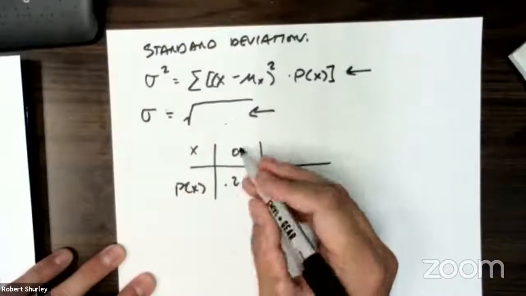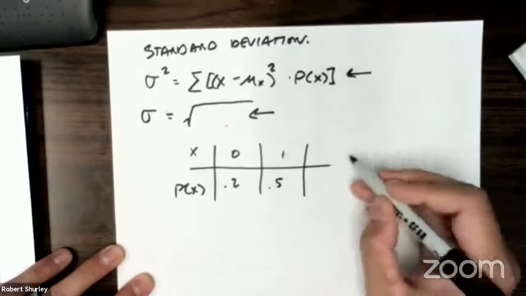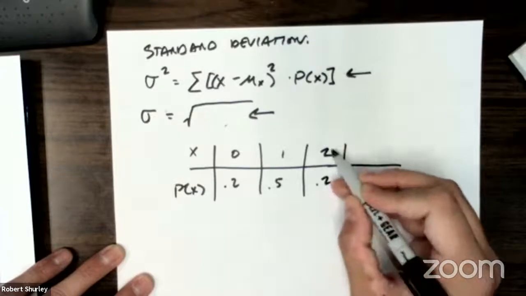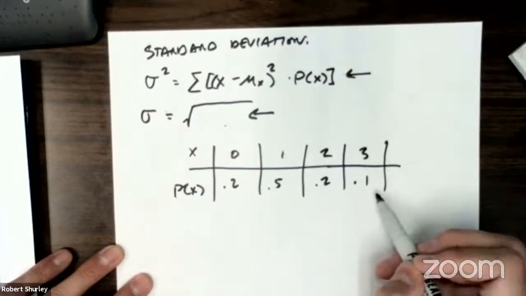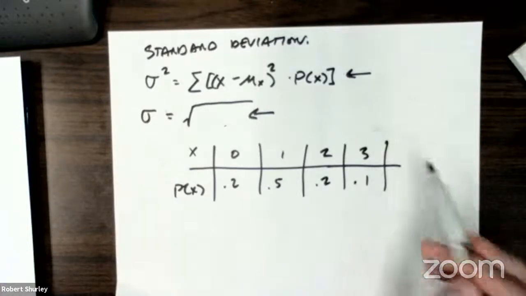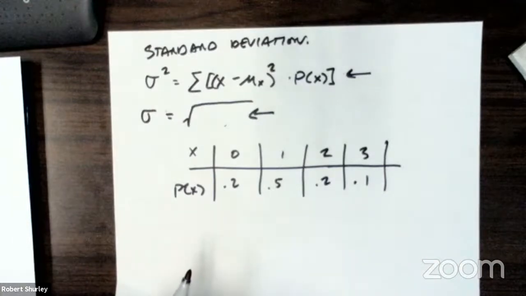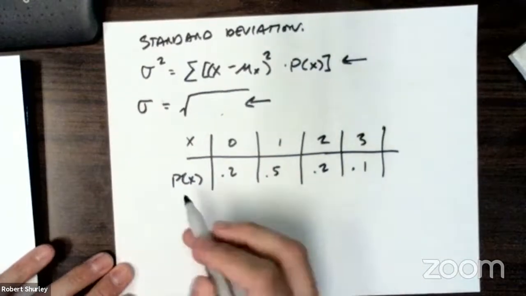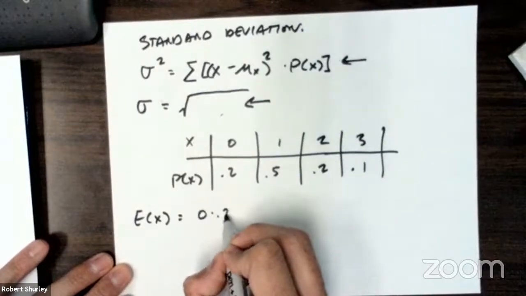Remember, we had 0.2, so 20% of the time we had no pixels defective. 50% of the time we had one pixel defective. 20% of the time we had two, and lastly 10% of the time we had three defective. It looks like the way they say to find this in the calculator is, when you find the expected value, you multiply these together.